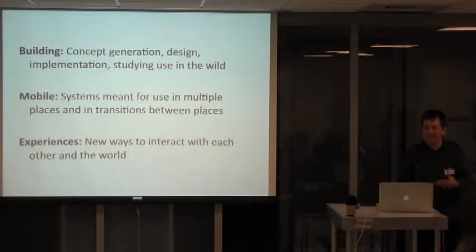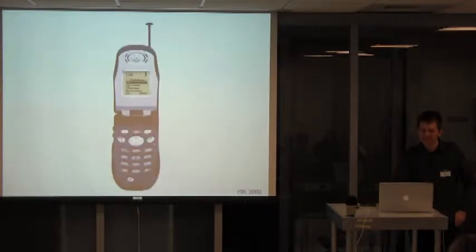By mobile, I mean systems that are meant for use out in the world, in various places, and the transition between those places. And by experiences, I mean new ways to interact with each other and new ways to interact with the world. So you'll see these themes coming through in everything that I talk about here tonight, going from start to finish for systems that are mobile and change the way that people experience something out in the world.